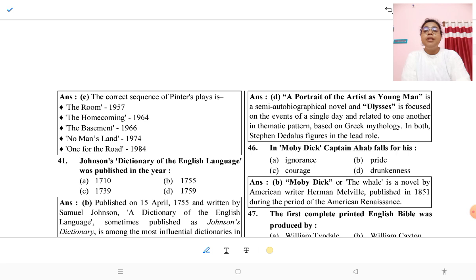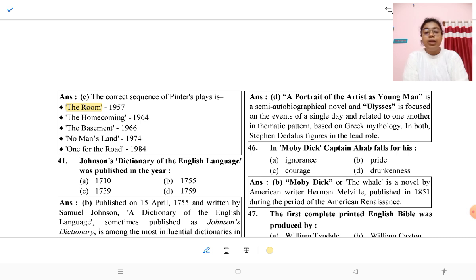So the answer will be The Room, and I remember it like that: there is a room, someone coming, some homecoming, and there is also a basement, no man's land, one for the road. These play summaries you should know.